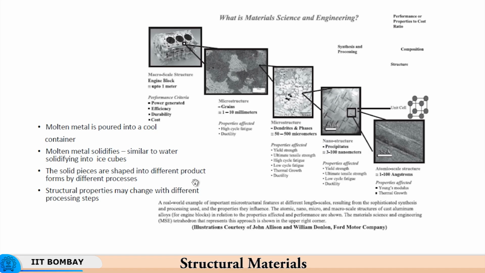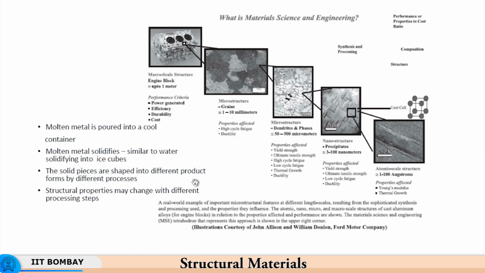So that it gets carried forward at different length scales to the final macroscopic shape. So what we do now is try to understand how the arrangement of atoms around each other results in an increase in the strength. So interatomic bonding is one thing, and atomic scale structuring is another source of strength, because that is what gives you the mechanical properties, and those properties give you the performance.